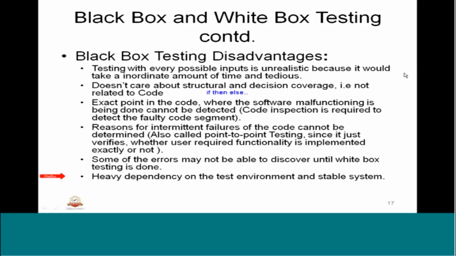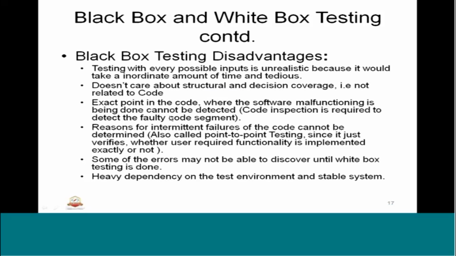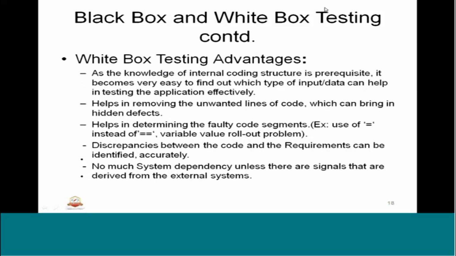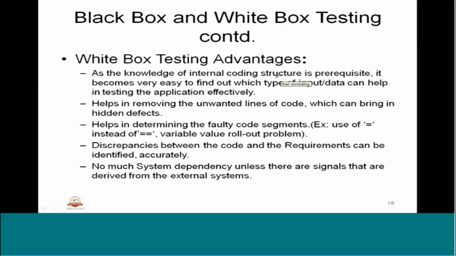Okay, so now the next thing is we move to white box testing advantages. As knowledge of the internal coding structure is a prerequisite, it becomes very easy to find out which type of data input we can provide, and which applications can be tested with the help of that.